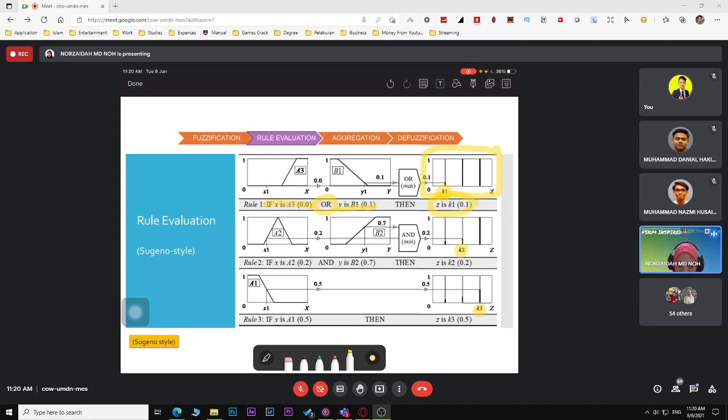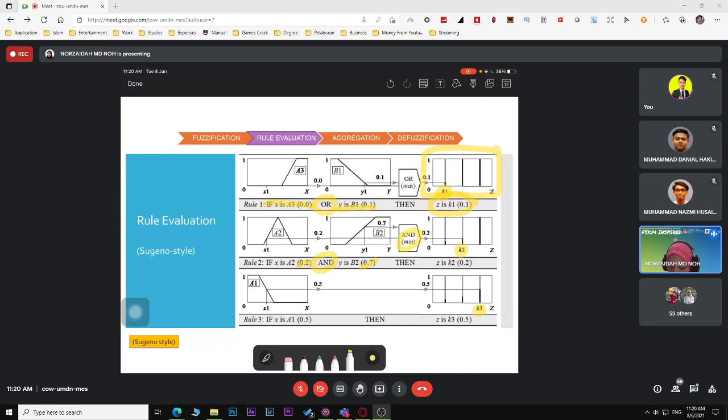Okay, the same thing goes to rule 2. If X is A2 with degree of membership 0.2, okay, and Y is B2, degree of membership 0.7, connector dia dekat sini AND. So if you use AND connector, you will have to do minimum operation. Okay, so you cari minimum value between 0.2 and 0.7.